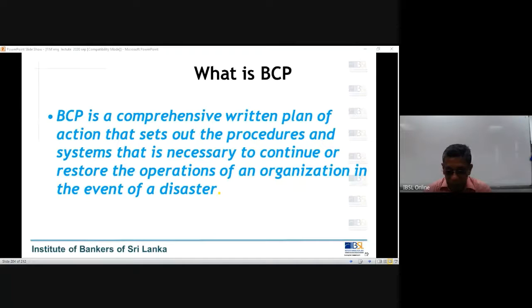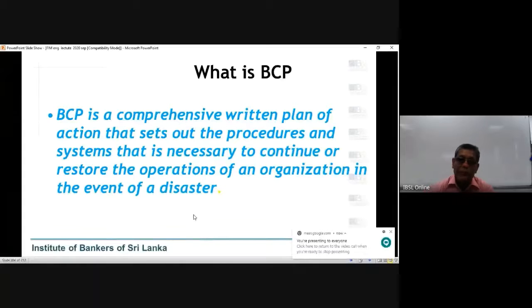So what is BCP? Clear? Any questions you want to ask? There's some question here, I just see. Right, Enterprise Sri Lanka, you have given me the answer, but now only I have seen. Okay, now I think you understood what is BCP.